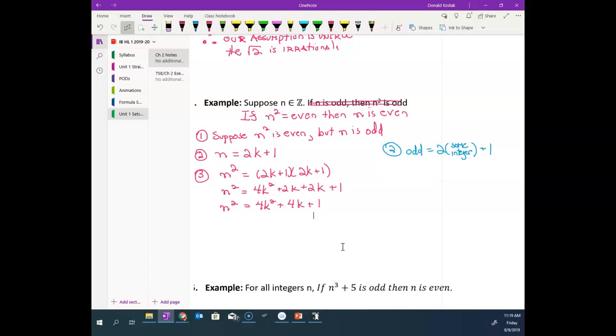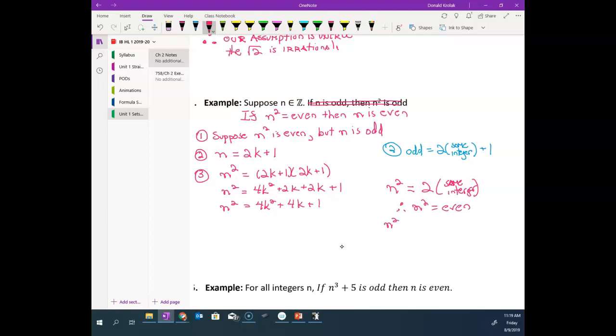So what you're trying to do here is, if you can establish that 2 is equal to some integer times some integer, then we could conclude that n squared is even. That would not create a contradiction.